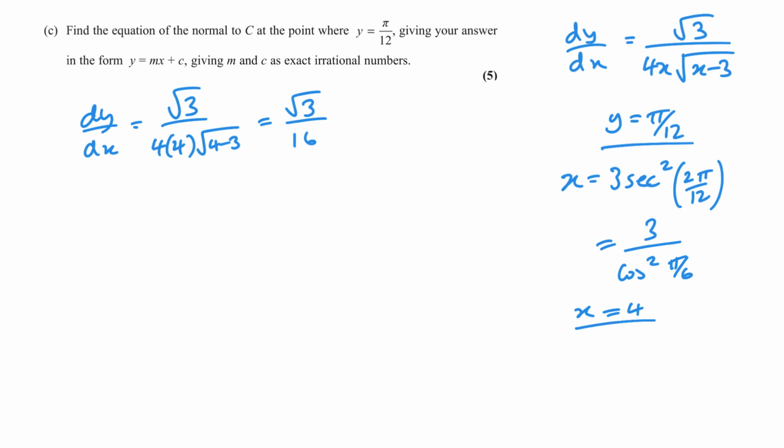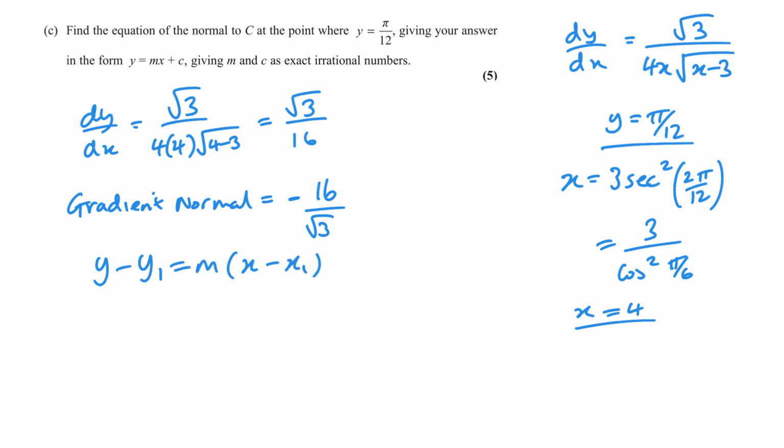Now we want the normal, not the tangent. So the gradient of the normal is going to be change the sign and flip this. So using y minus y1 equals m times x minus x1, we get y minus pi by 12 equals minus 16 over root 3 times x minus 4.